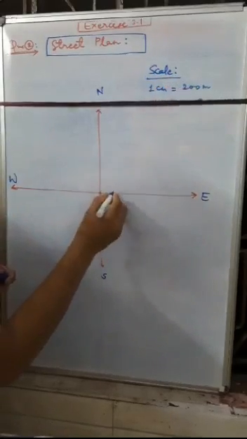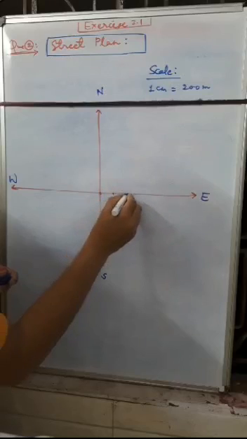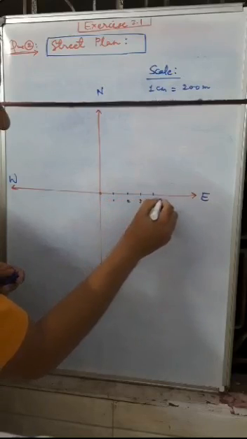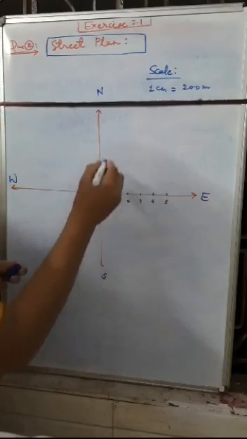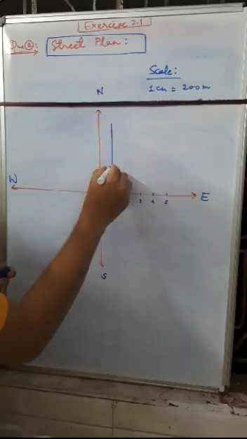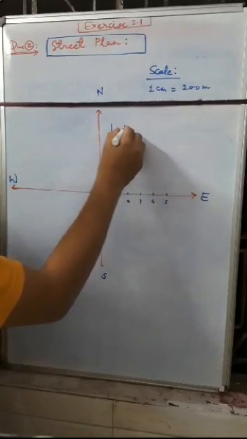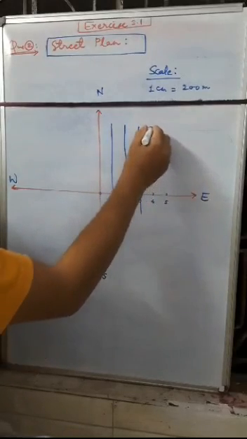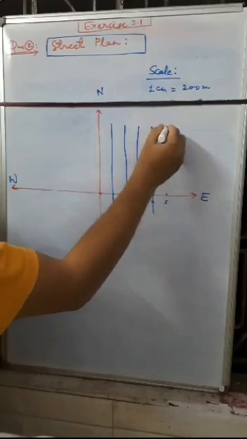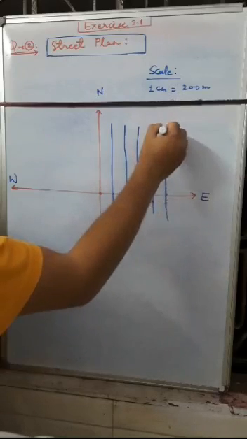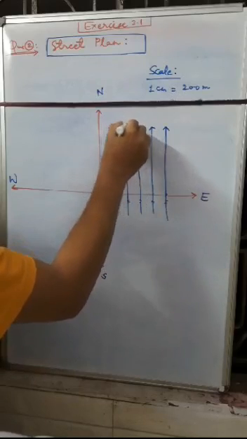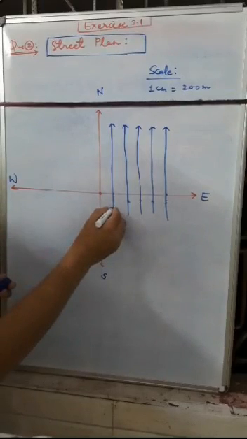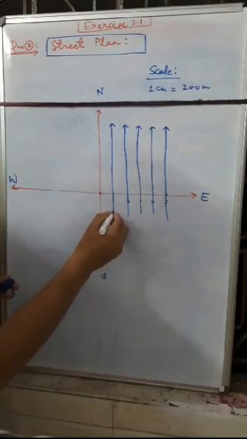So we will draw here 5 roads, 1, 2, 3, 4 and the 5th one. We will draw parallel lines. So these are the 5 parallel roads, each 200 meter apart.